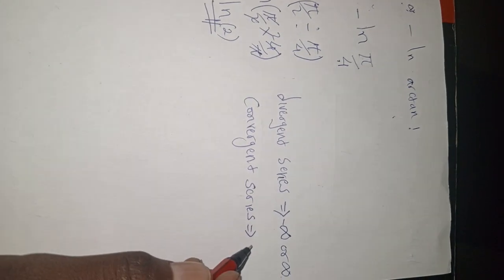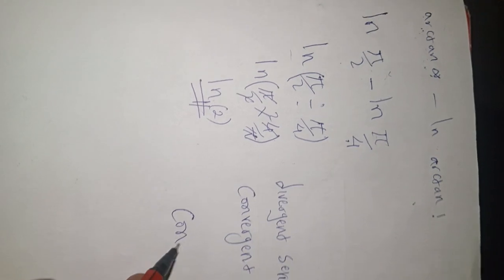Convergent. Since we found ln of 2, and ln of 2 on my calculator is 0.693, it means this series is convergent. So the final answer is the series was convergent.